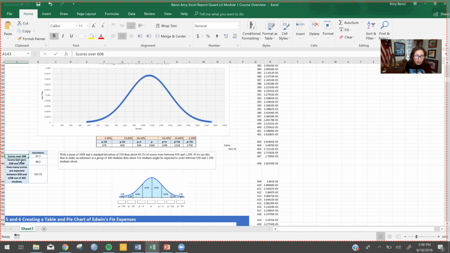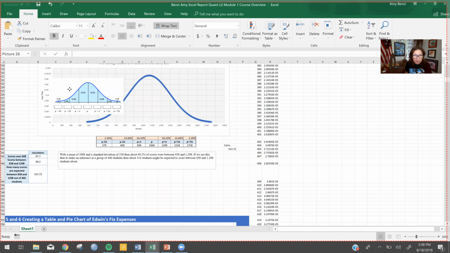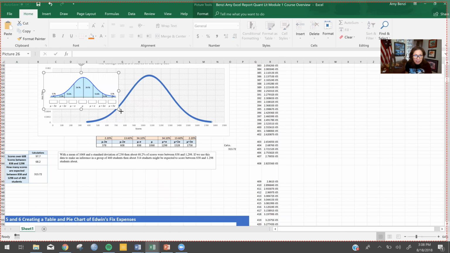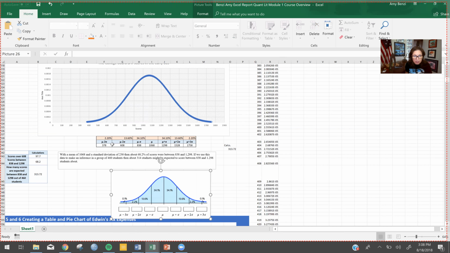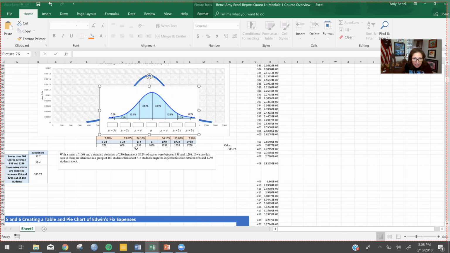Well, 608 was right here on the first standard deviation, and I can see on my little chart right here that these are my percentages. I added them up and I found the percent of the population turned out to be about 97.7% scored more than 608.